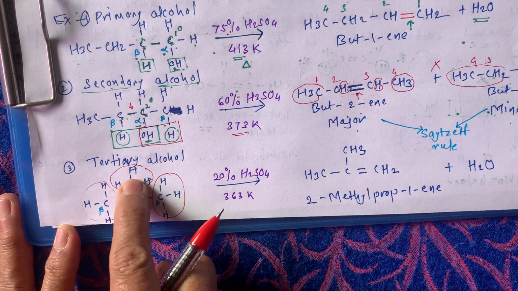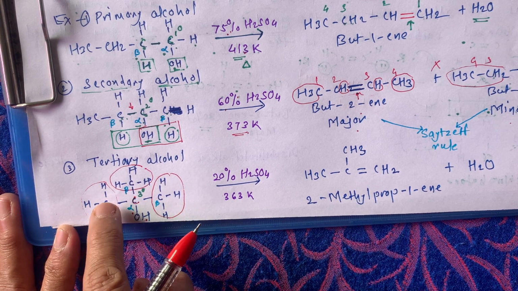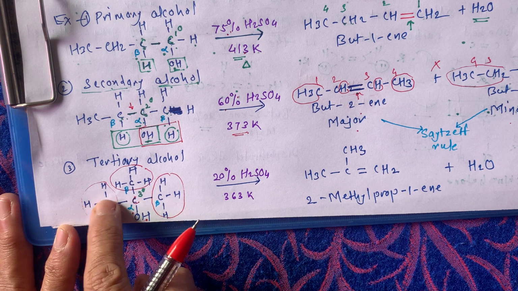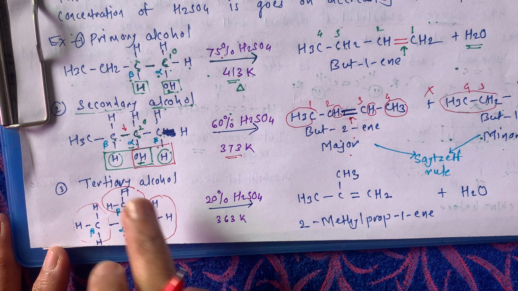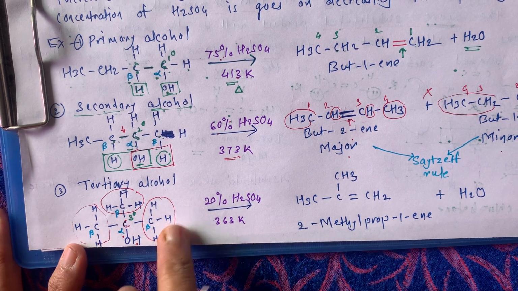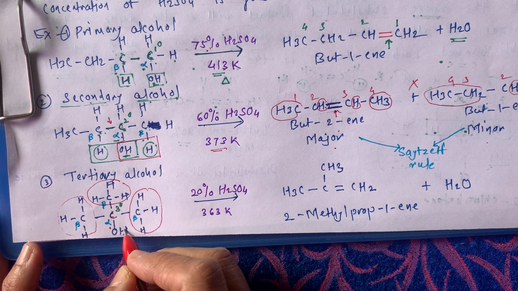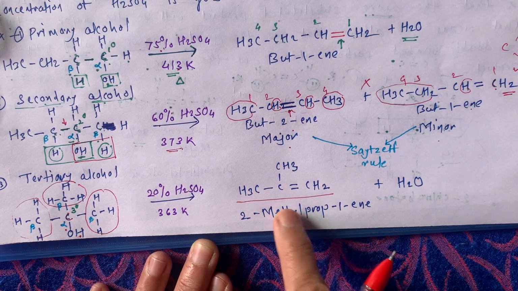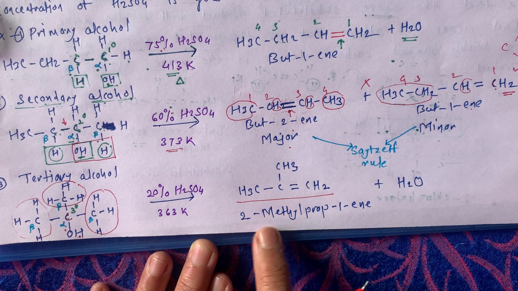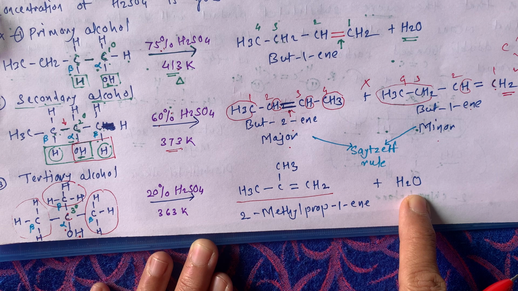Next to this carbon is a beta carbon, next to this carbon is a beta carbon, next to this is the beta carbon. So there are 3 beta carbons, and that's why from anywhere if you remove H and OH, you will get this type of product, H3C CH3CH2, that is 2-methylprop-1-ene, and the byproduct is H2O.